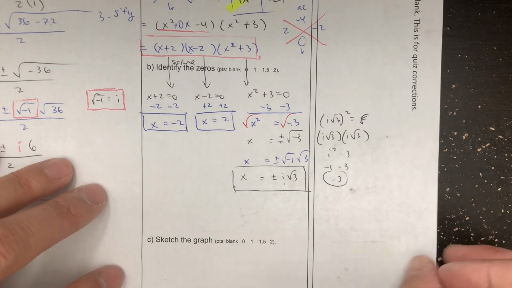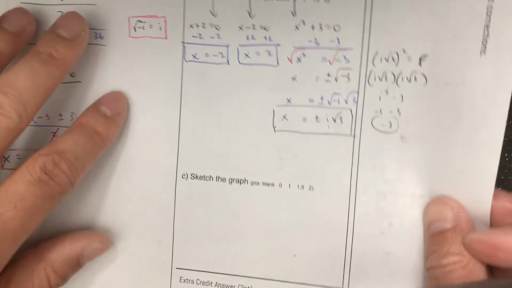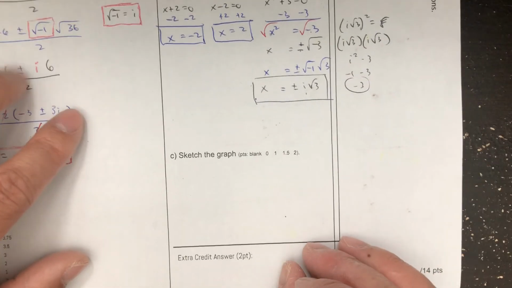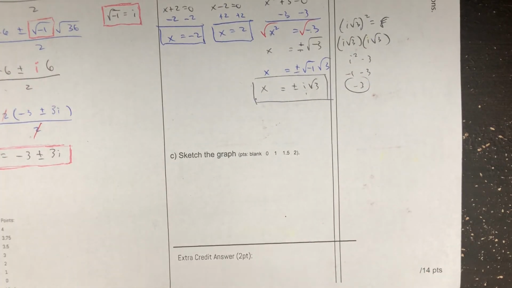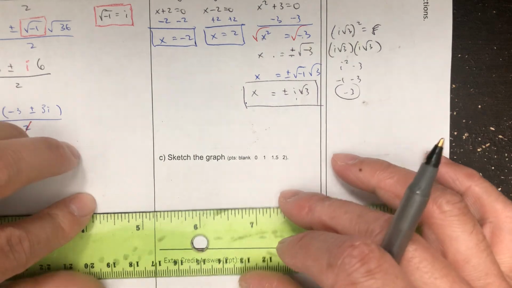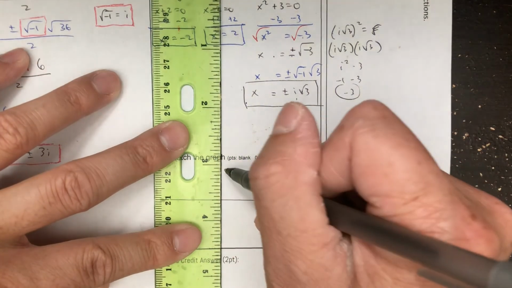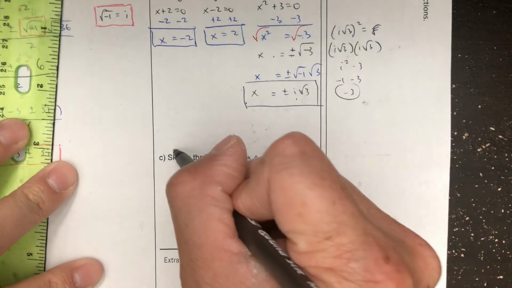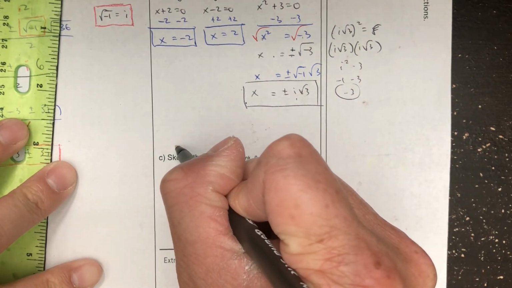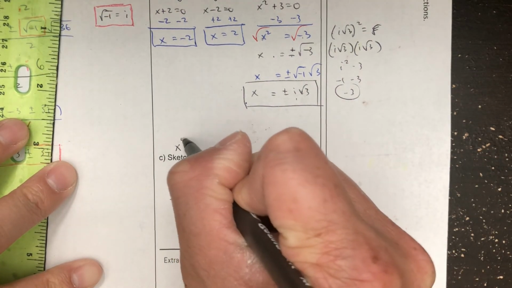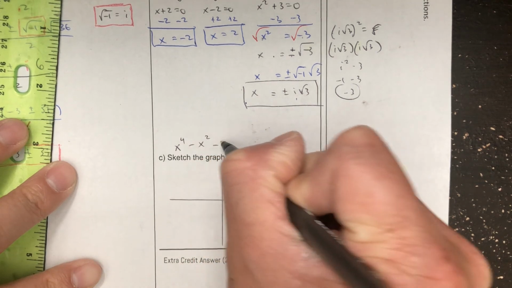Okay, sketch the graph. Use my straight edge. I'm going to write the original problem down here just so you can see it: x to the 4th minus x squared minus 12.